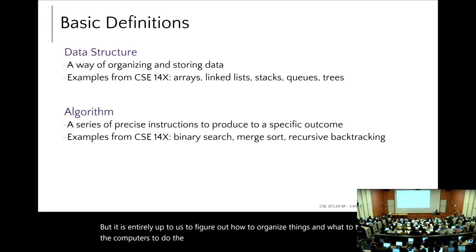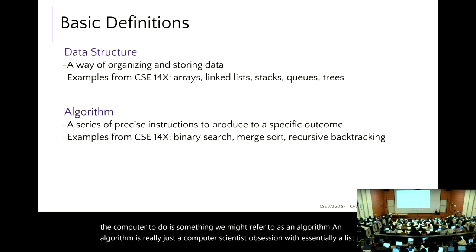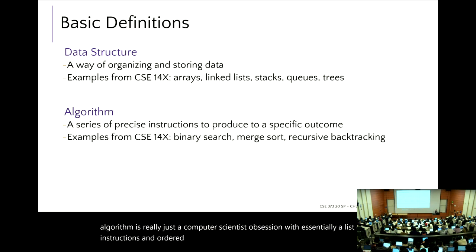What we tell the computer to do is something we might refer to as an algorithm. An algorithm is really just a computer scientist's obsession with an ordered list of instructions. A recipe to bake cookies is an algorithm. Dijkstra's pathfinder is an algorithm we're going to talk a lot about.